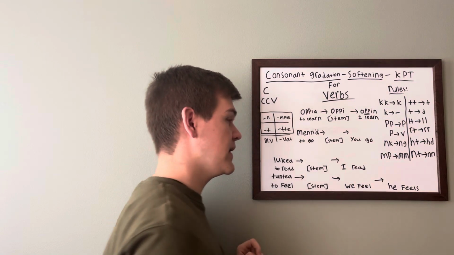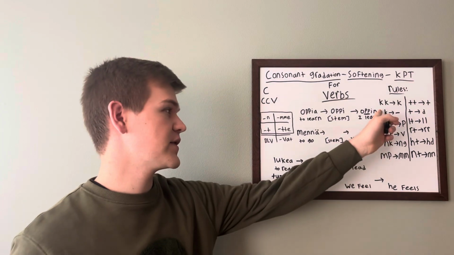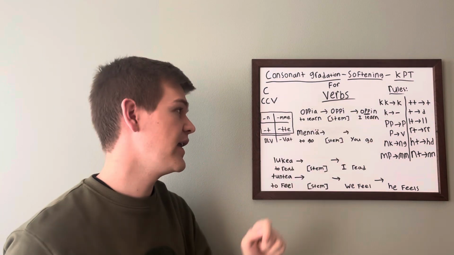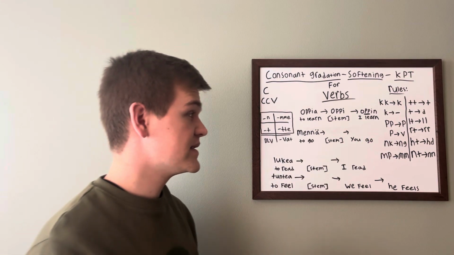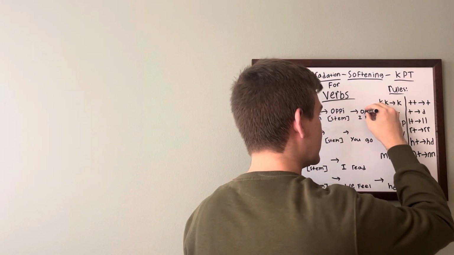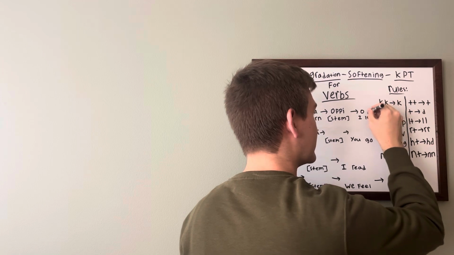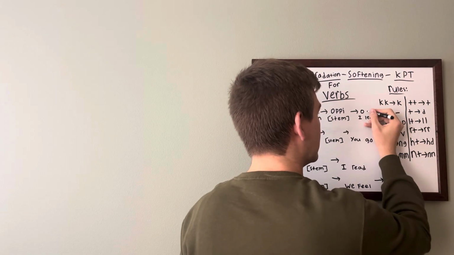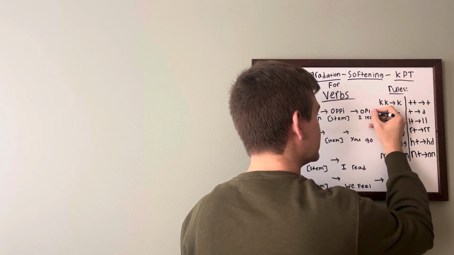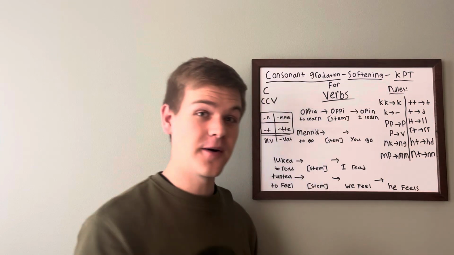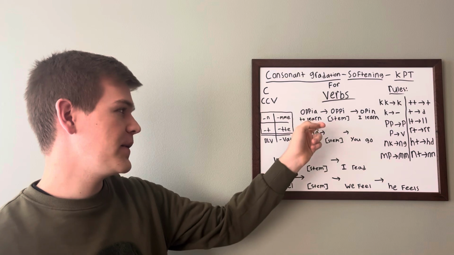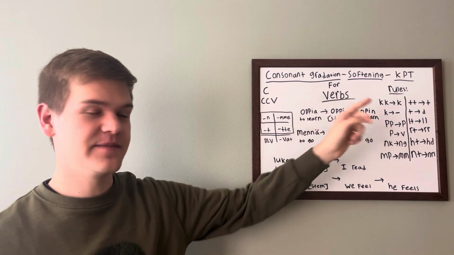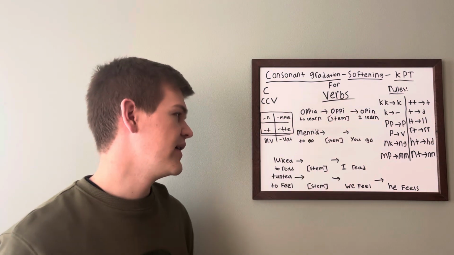A double P are the first consonants before the N. We see that a double P goes to a single P. So we can just change that right here. I'm just going to rewrite the whole word. The double P goes to a single P, so we get opin. This means I learn. Oppia is to learn, opin is I learn, with one P.